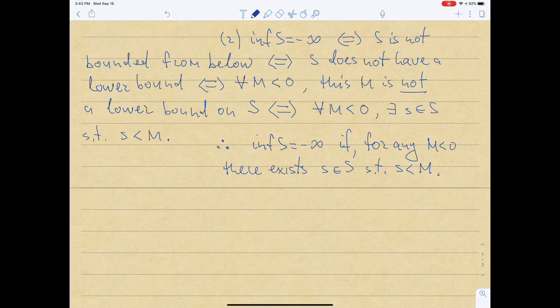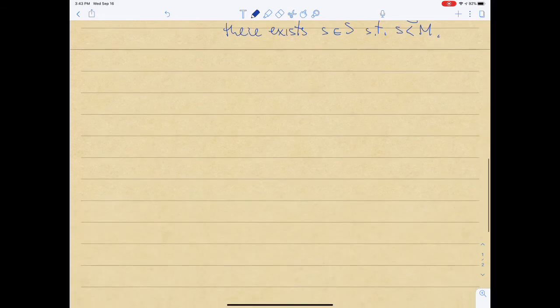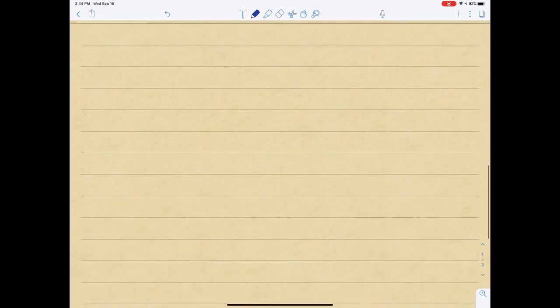Okay, so with that in mind, let's think about what we have. Now choose any set which is a subset of real numbers. Then, what do we know?